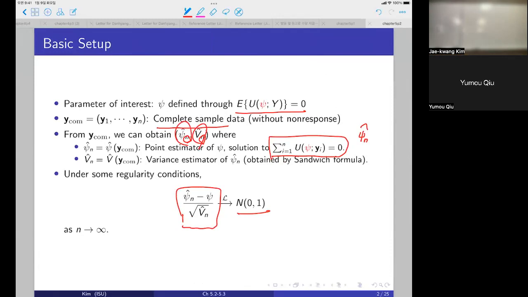I mean, if you think about regression, for example, you have a subroutine already, right? So then you can just input the imputed data, and then you can obtain the point estimator and variance estimator for each data set, right?